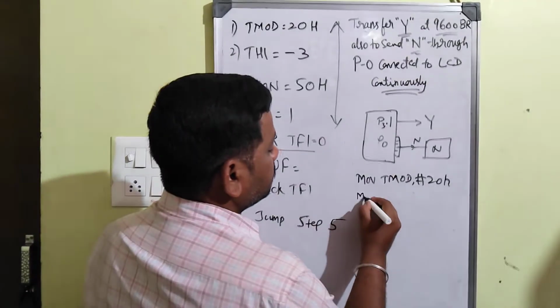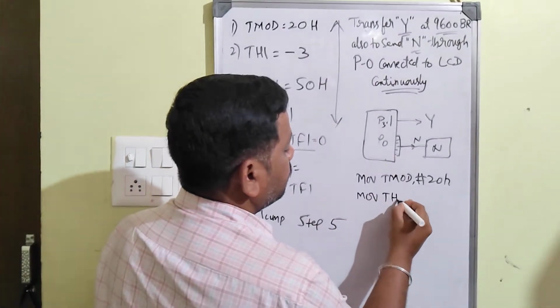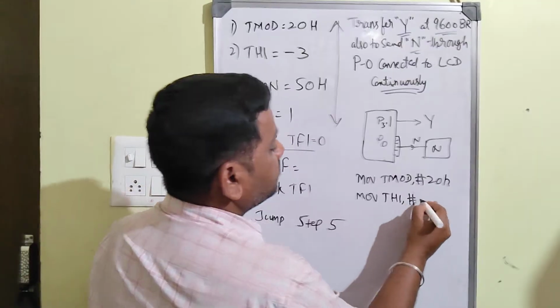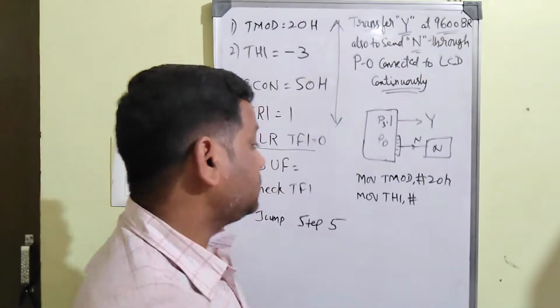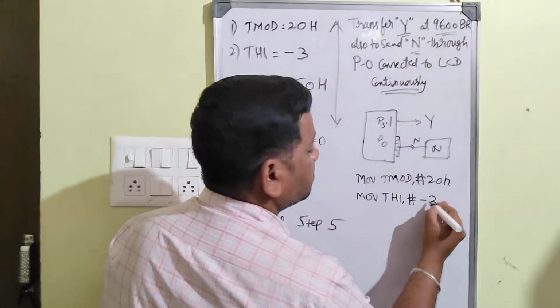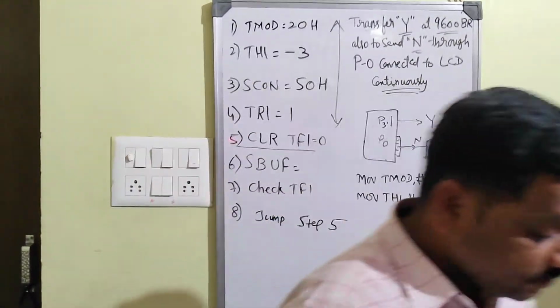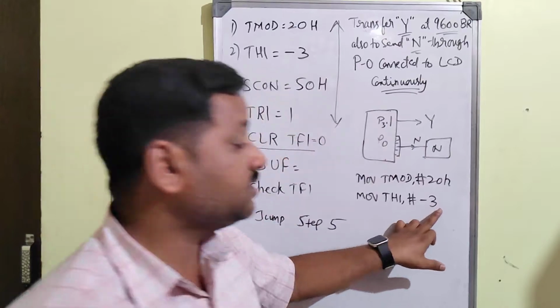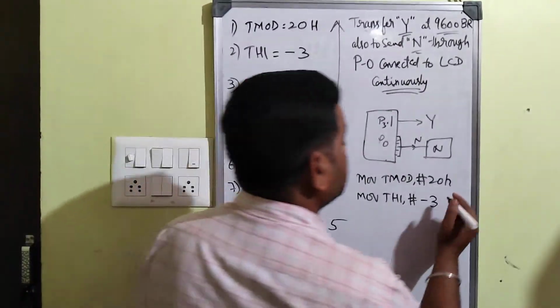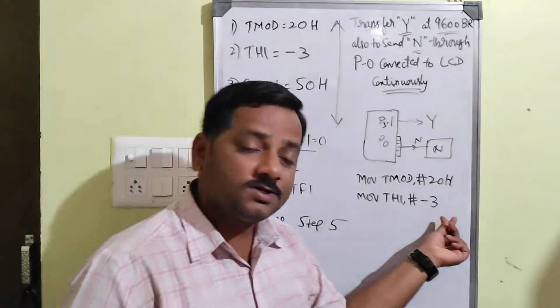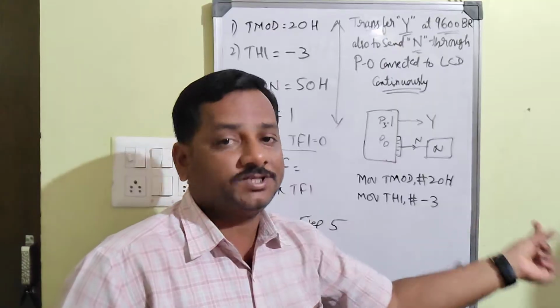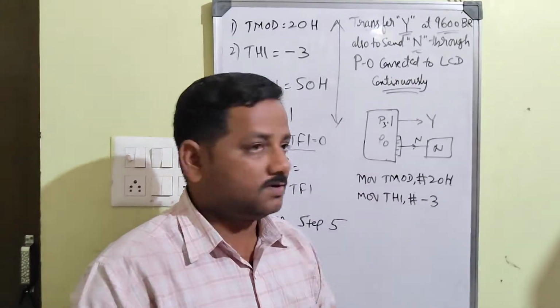So MOV TH1, comma. What is the baud rate you need to select? 9600. So for 9600 the data to be entered is -3, and here I am not going to write it as H because this is not hexa, this is a decimal number. If you want to write a hexa number, convert this, that is FD, you can put FDH. Okay, I am writing it in decimal.